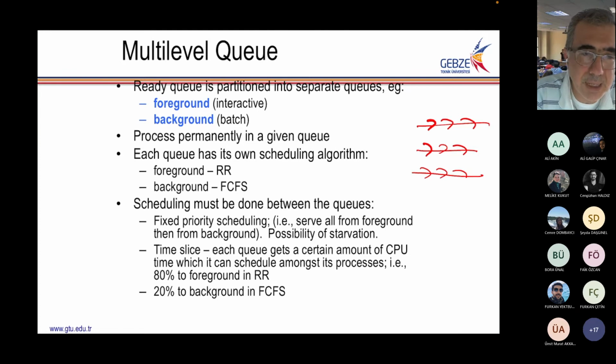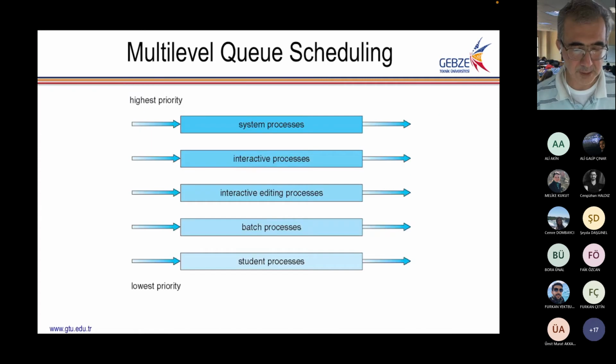When you have the ability to move between queues depending on developing conditions, we call it a multi-level feedback queue. Queue operations are readjusted based on the feedback taken from the process execution. This is an example of a multi-level queue.